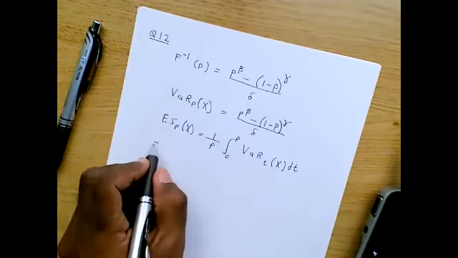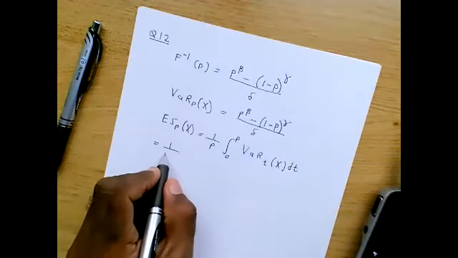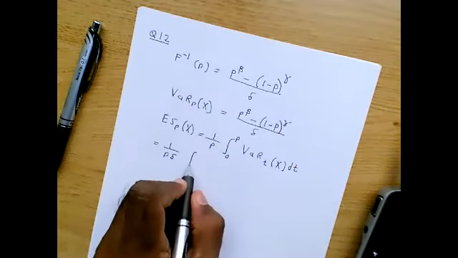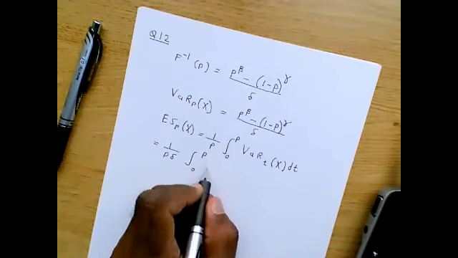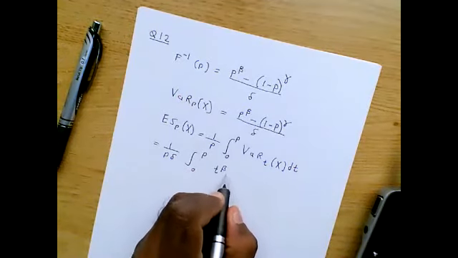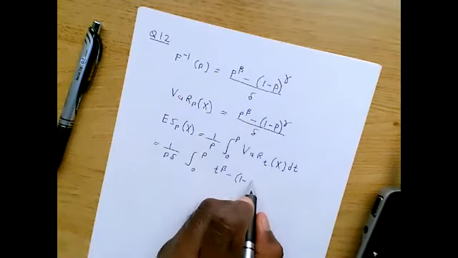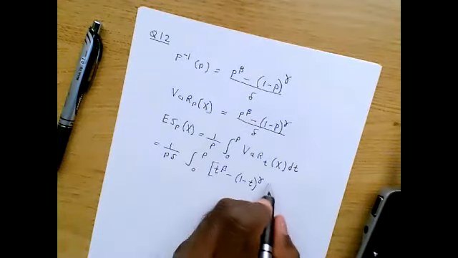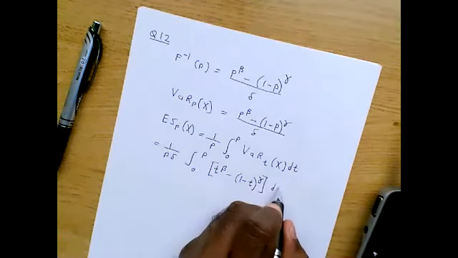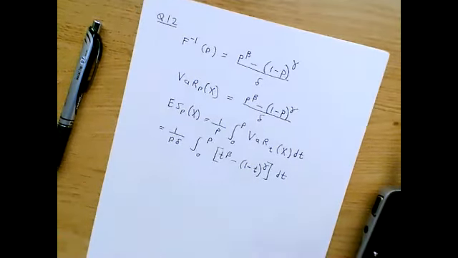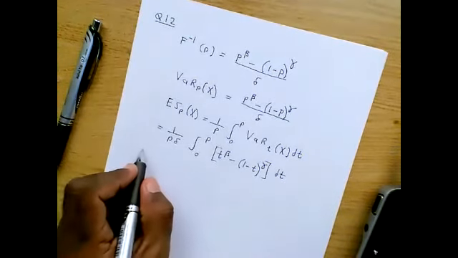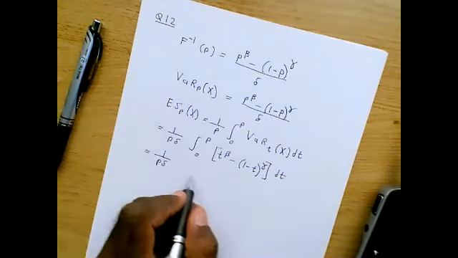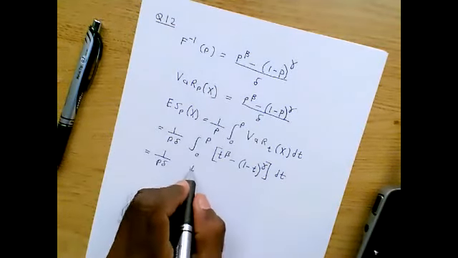Which is, delta is a constant. So you integrate from 0 to p of this. Once again, this integral is not difficult to do. The integral of this is t.